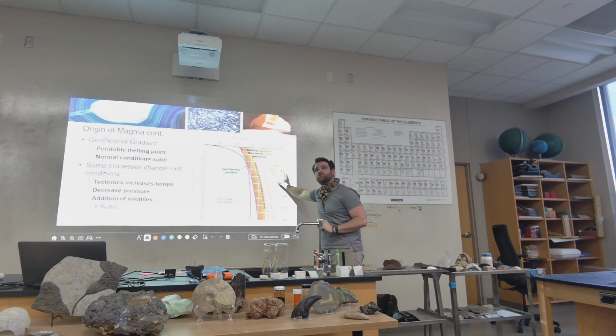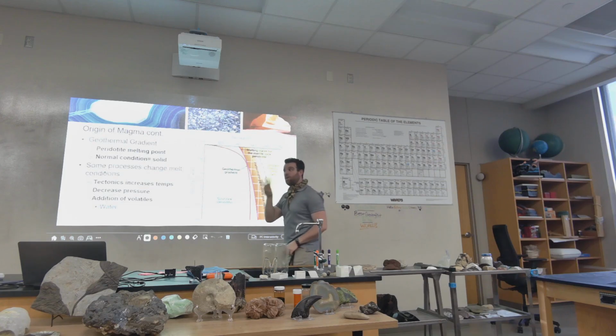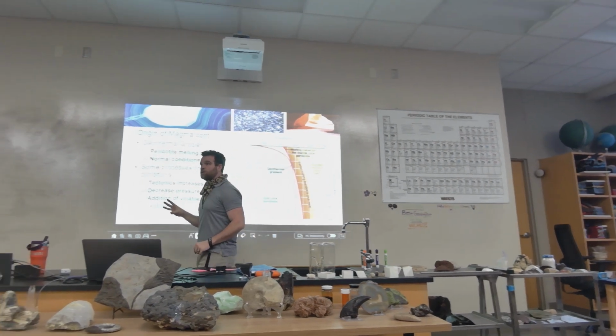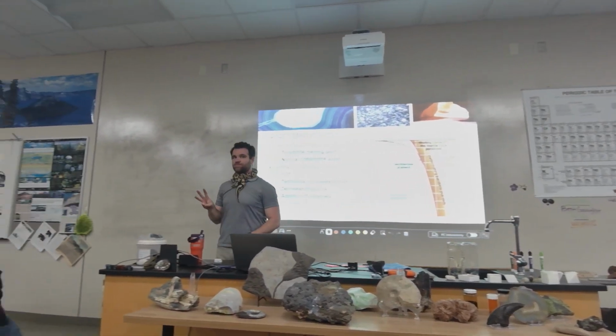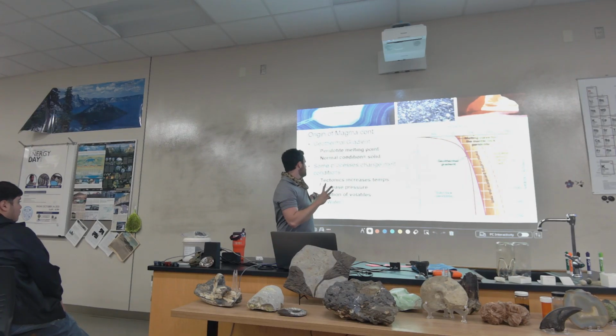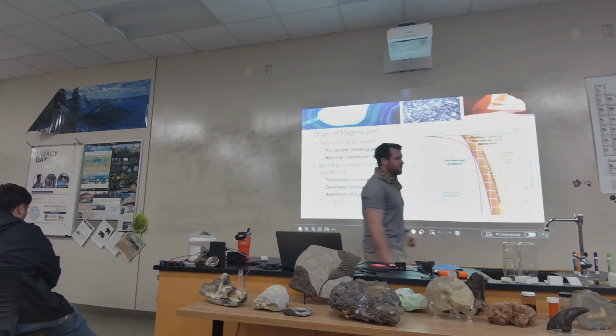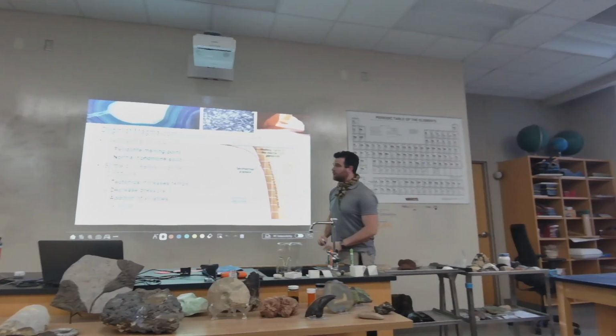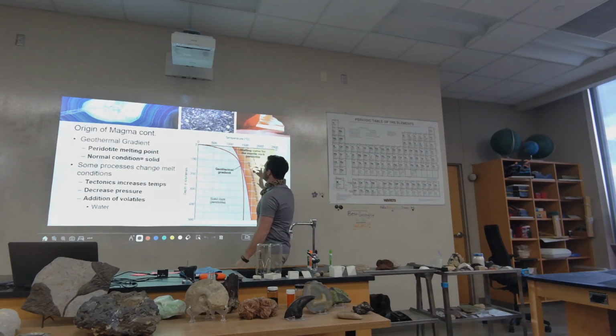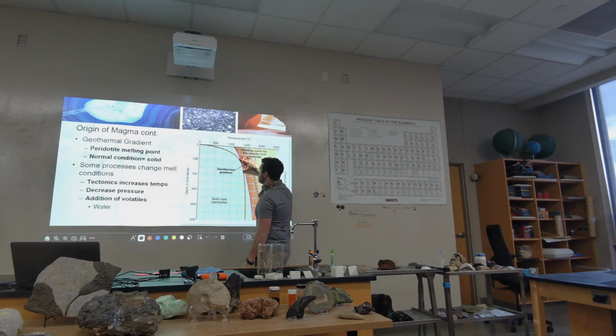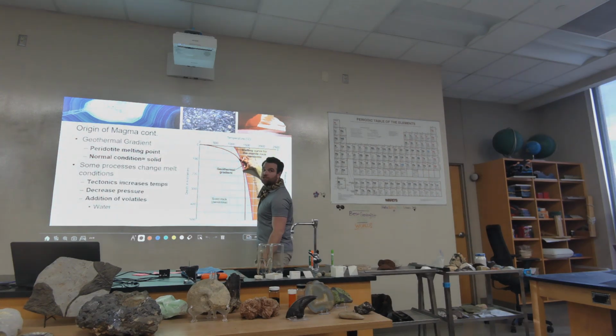What has to happen for this to change? We have to change the dynamic, some of the characteristics of what is going on here. There are three ways that we can change this situation to cause rock to melt. The first one, increase the temperature. Which usually happens thanks to tectonic activity. My geothermal gradient is moving in what direction?